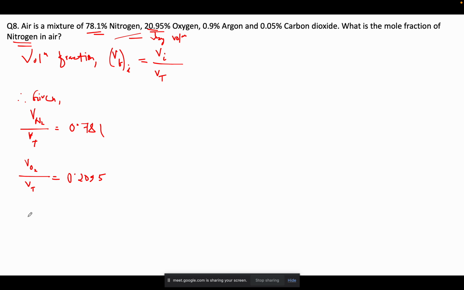Okay, then V argon divided by total volume is 0.009.